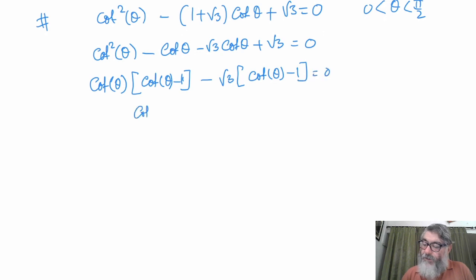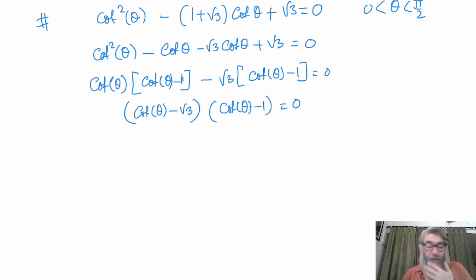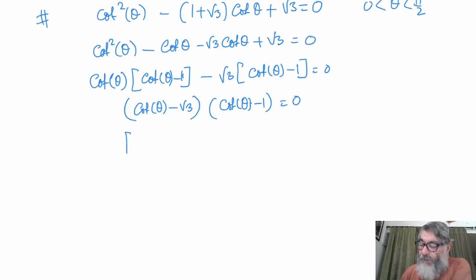So cot theta minus root 3 is one factor, and cot theta minus 1 is another factor. Let's change them to the form tan theta because we know the formulas for sine, cos and tan. I can write it as 1 upon tan theta minus root 3, into 1 upon tan theta minus 1 is equal to 0.